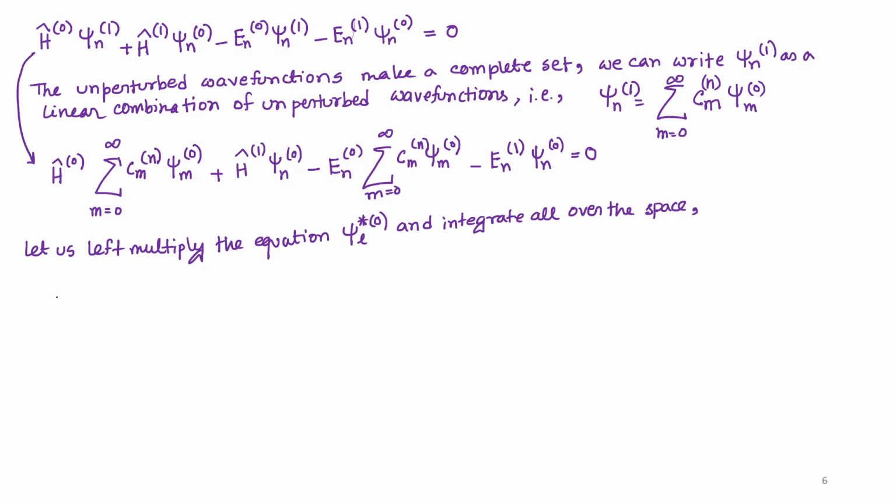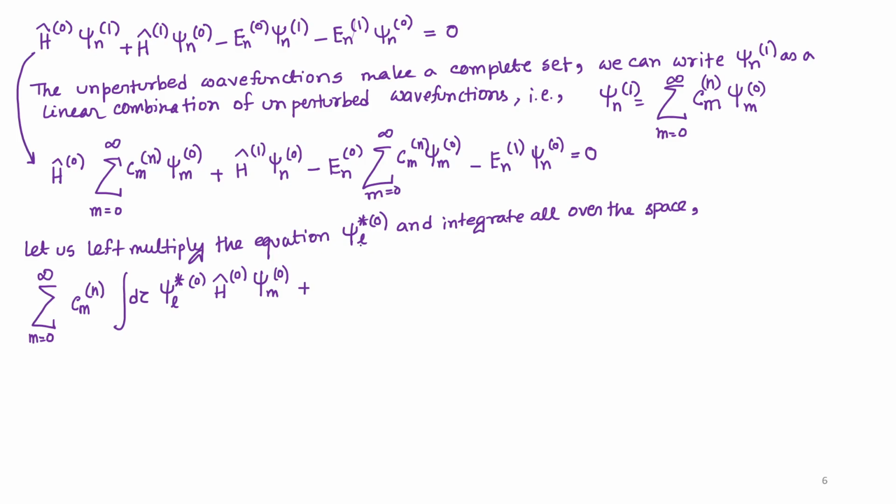What are we going to get? Obviously, we will write the summation this side to infinity. Then we have this, and then we have d tau as we are integrating over all space, and as we have left multiplied psi_l zeroth, we have the zeroth order perturbation and we have psi_m zeroth.